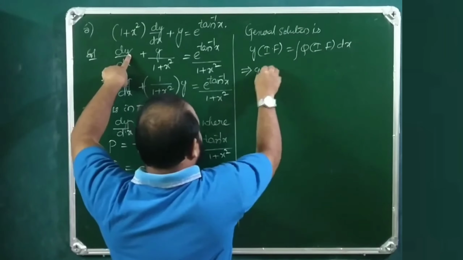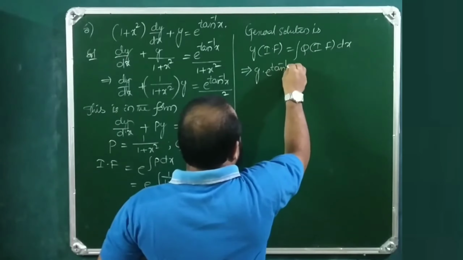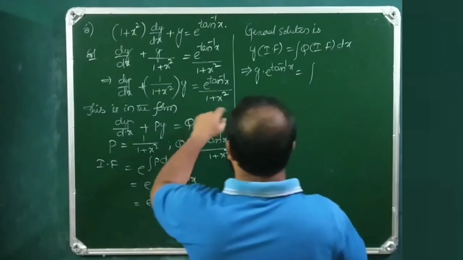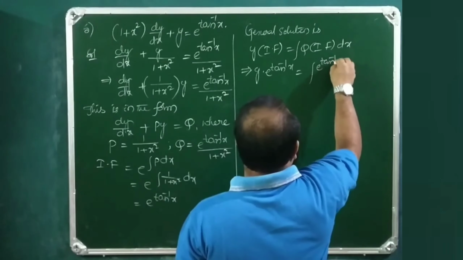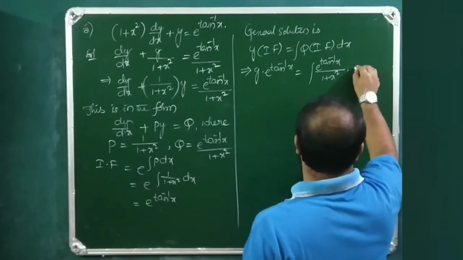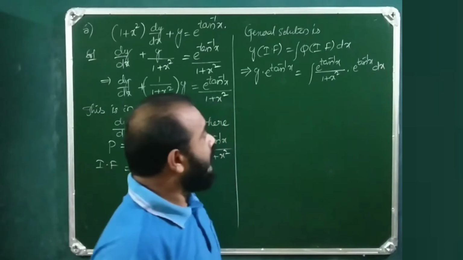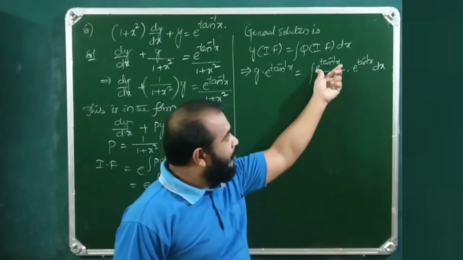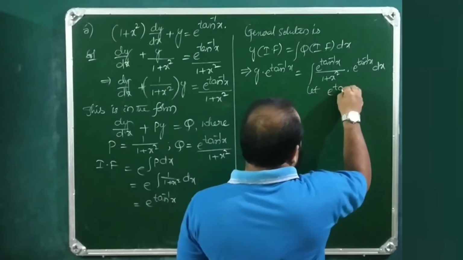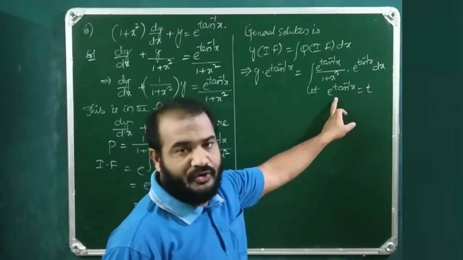So y · e^(tan⁻¹x) = ∫ e^(tan⁻¹x)/(1 + x²) · e^(tan⁻¹x) dx. Now, let us take e^(tan⁻¹x) = t. I will go for substitution.